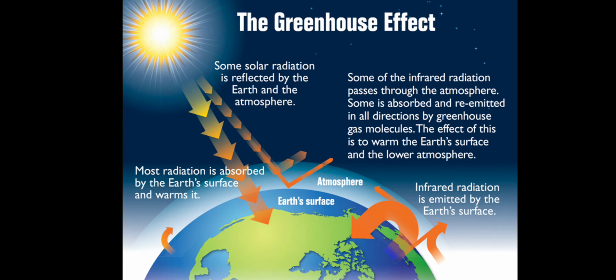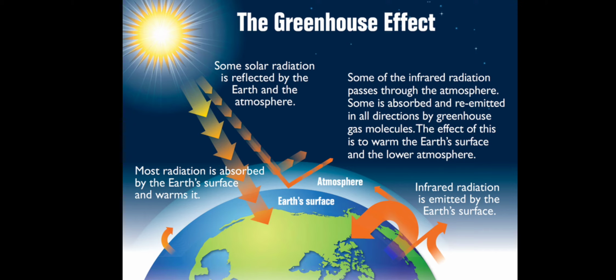Now you will see in the video the greenhouse effect. Some solar radiation is reflected by the earth and the atmosphere. Some of the infrared radiation passes through the atmosphere. Some is absorbed and re-emitted in all directions by greenhouse gas molecules.